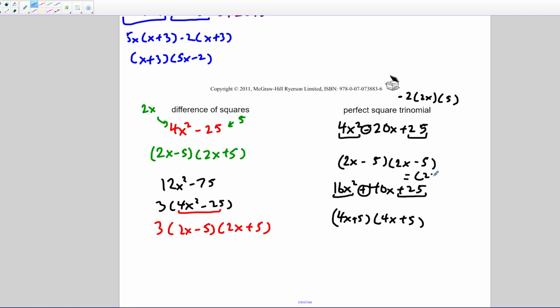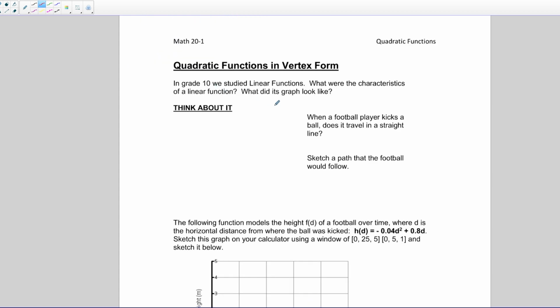Let's go ahead and put that (2x minus 5) squared there and the (4x plus 5) squared down here. For a more in-depth review of factoring, please go ahead and take a look at my Math 10C video for factoring polynomials.